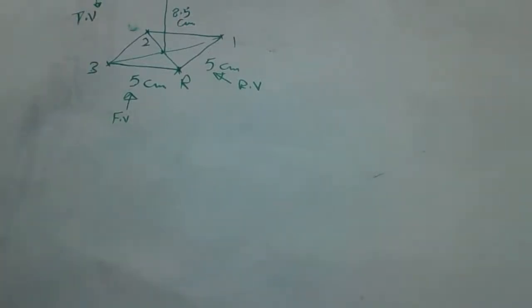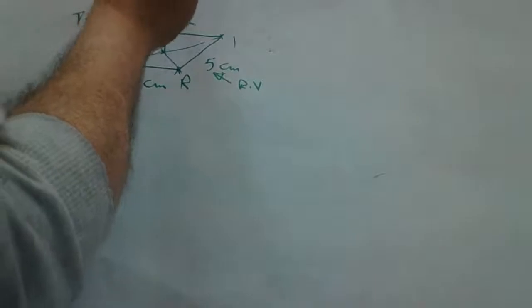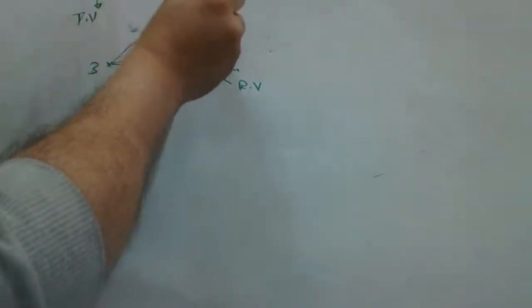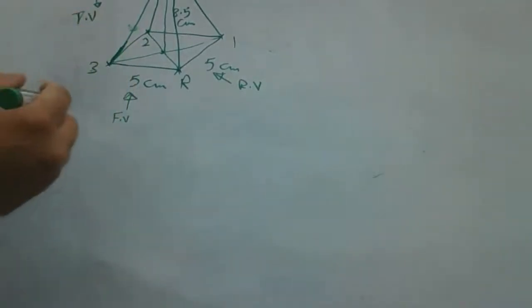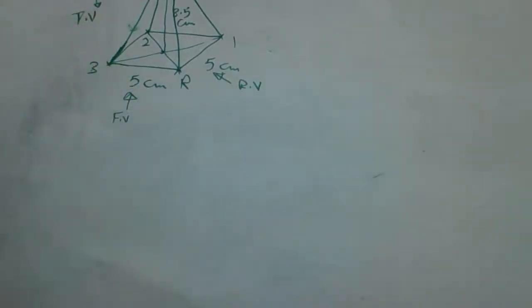Okay, number 4. Let us now connect 4 with 1, 4 with R, 4 with 2, and 4 with point 3. This is a sketch for a pyramid.